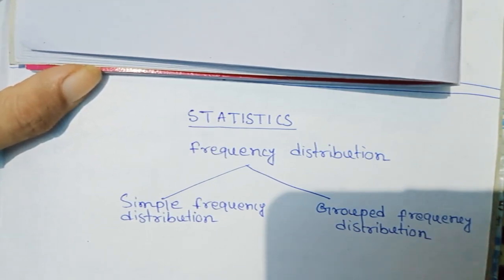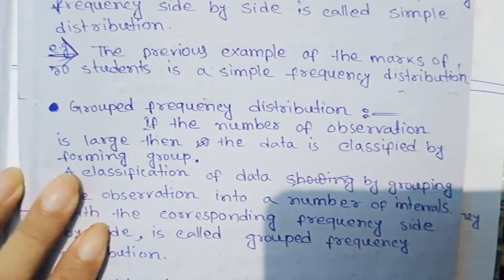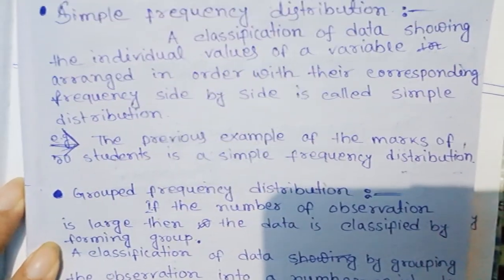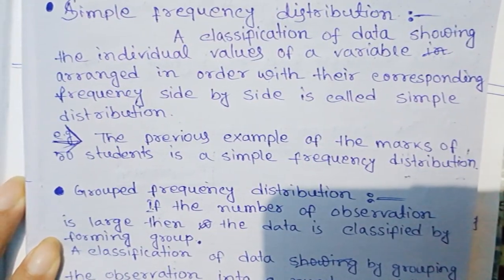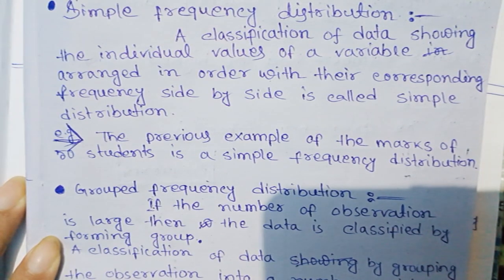Now what about simple frequency distribution? A classification of data showing the individual values of a variable arranged in order with their corresponding frequency side by side is called simple frequency distribution.